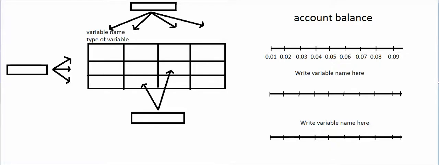Remember that the two types of quantitative are discrete and continuous. So what you need to do is mark off each possible value in green.